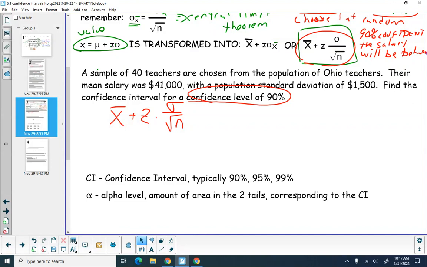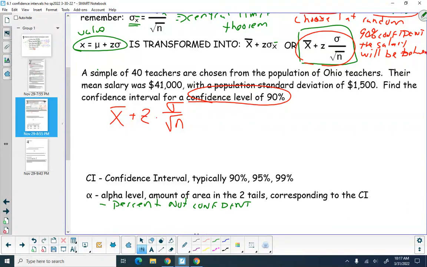An alpha value is your amount of area in the two tails corresponding to a confidence interval. Your alpha value is your percent not confident.